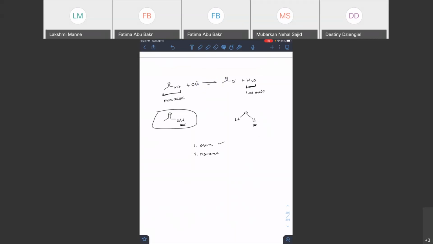Someone asked, would this affect solubility? I'm not sure what you are talking about because I think that was a message from before. Could you specify what you're talking about in terms of solubility? When you were talking about the side groups affecting the stability of the acid, I was asking about other side groups. You mean inductive effect, right? Yes.